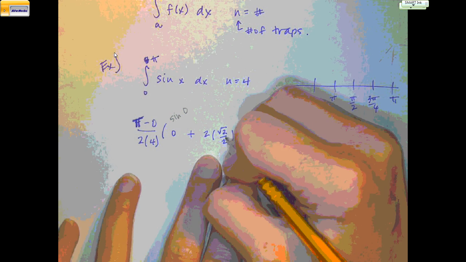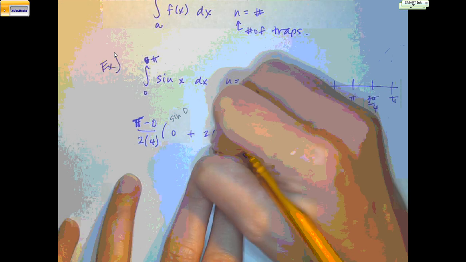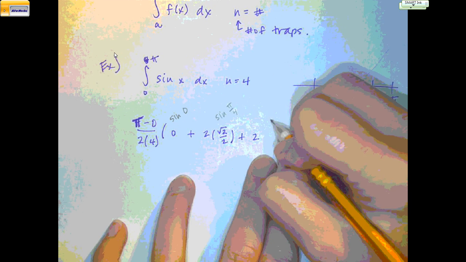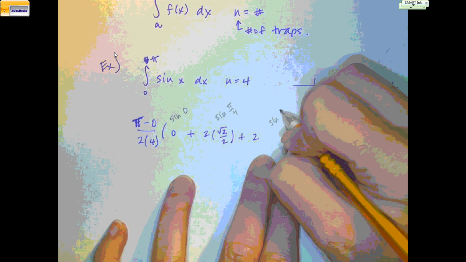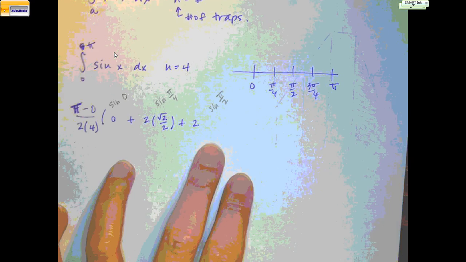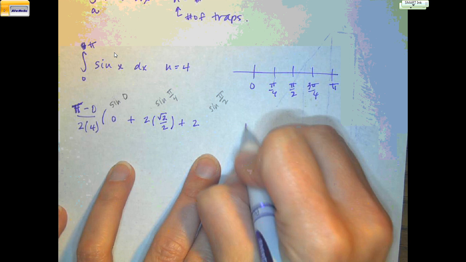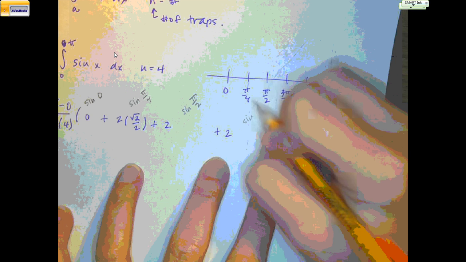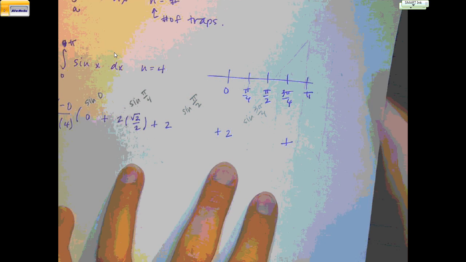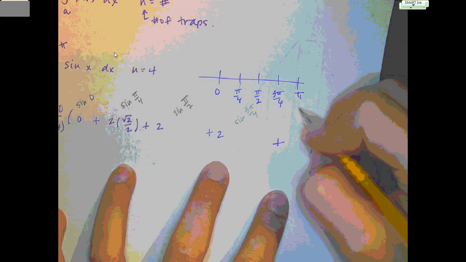So then this little guy right here is sine of pi over 4. This little guy right here is going to be sine of what? Pi over 2. And then we're going to have plus 2 times sine of what? Good, Ocean. And then plus, we're going to have sine of pi, right?